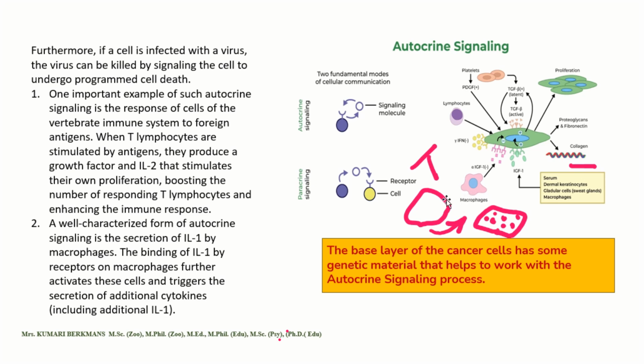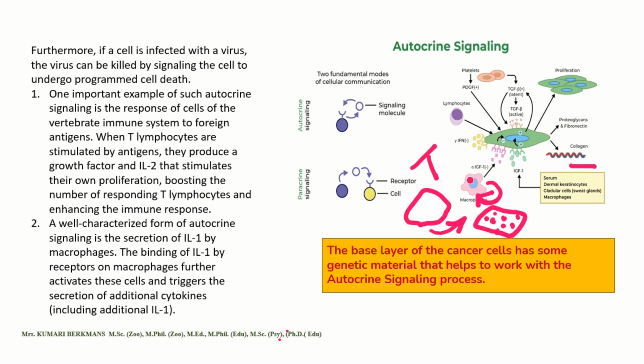For example, this macrophage gives a signal to itself to divide, so it divides into two. Again these two give signals, so it becomes four. Like that, it will multiply to kill the disease causing organisms.